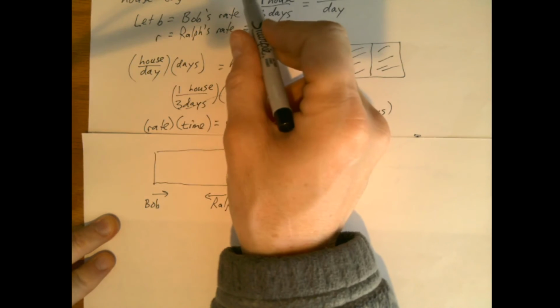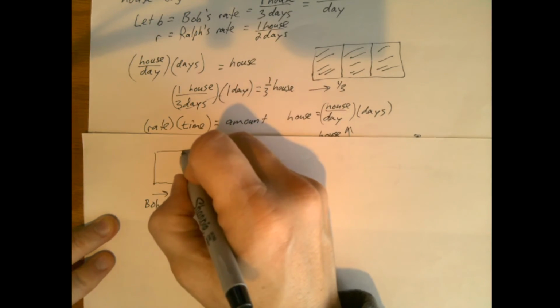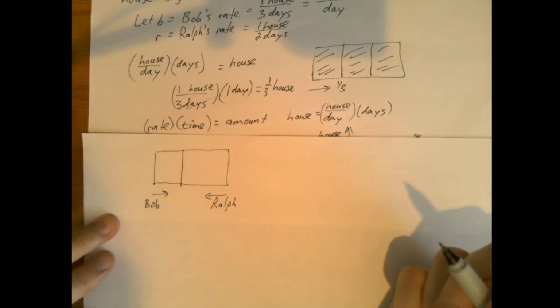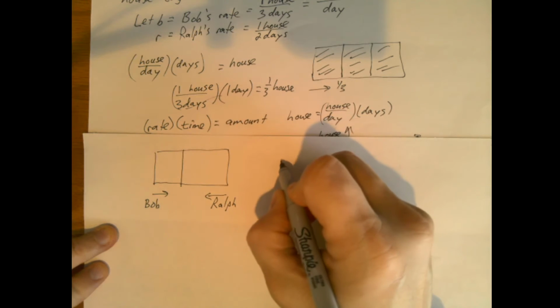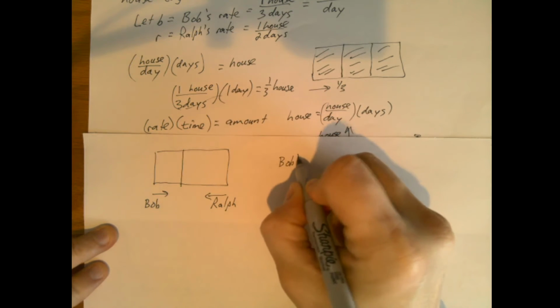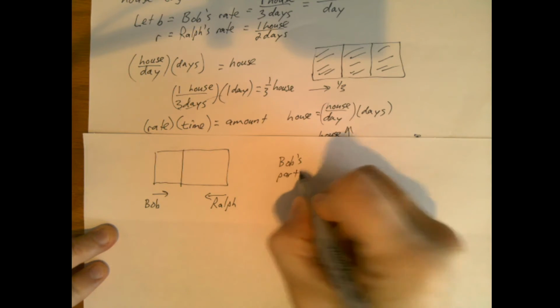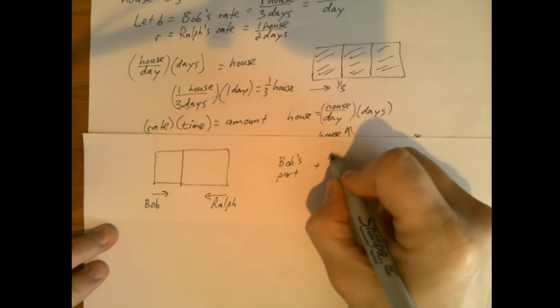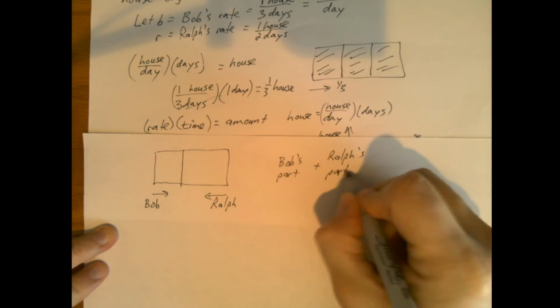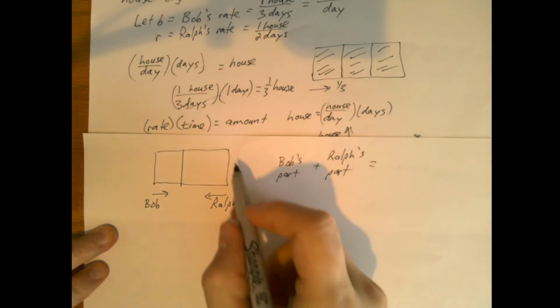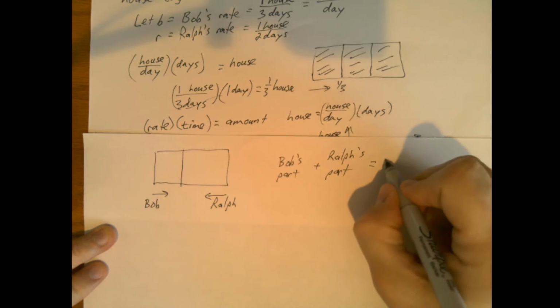Because he can paint a house in 2 days. Well, it takes 3 days for Bob. So they should meet somewhere over here. So what do we have? We have Bob's part plus Ralph's part equals what? One house.